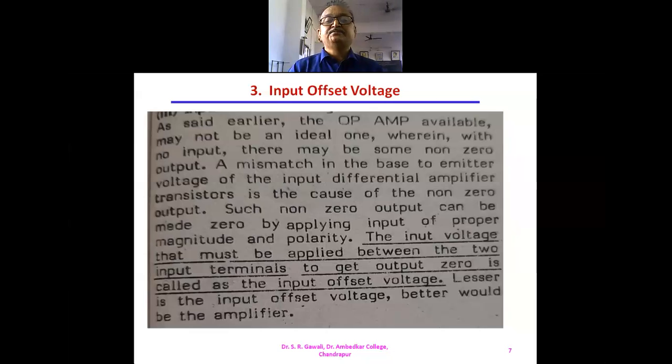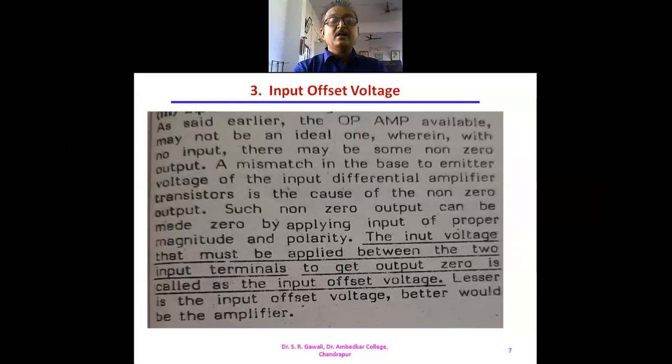Zero होना चाहिए. लेकिन ऐसा जीरो पॉसिबल है क्या? नहीं है इन प्रैक्टिस में. तो क्या कितना होना चाहिए फिर? कम से कम होना चाहिए इनपुट ऑफसेट वोल्टेज. ऐसे ऑपरेशनल एम्पलीफायर को अपन आइडियल ऑपरेशनल एम्पलीफायर कहेंगे. So that is one of the characteristics of the ideal operational amplifier, that the input offset voltage should be as small as possible for the ideal operational amplifier.